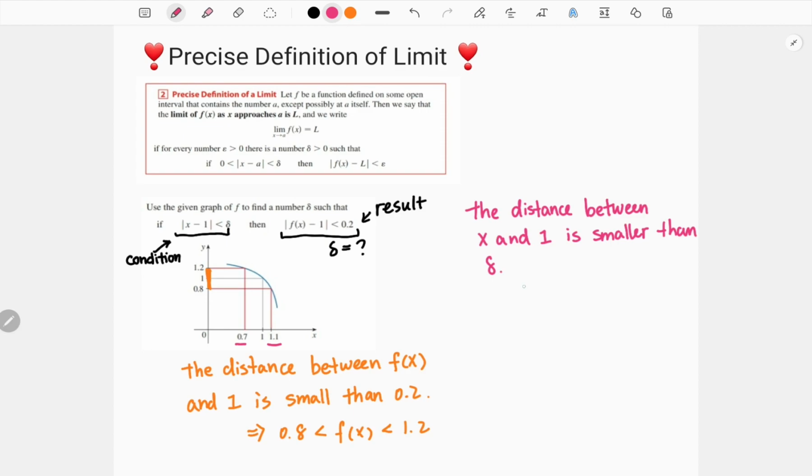In here, we have two deltas, right? We have delta 1, the distance on the right side, which is 0.1. On the left side, we have a larger delta, which is 1 minus 0.7. That gives us 0.3. So which one should we choose? The answer here is we always want to choose the smaller delta.